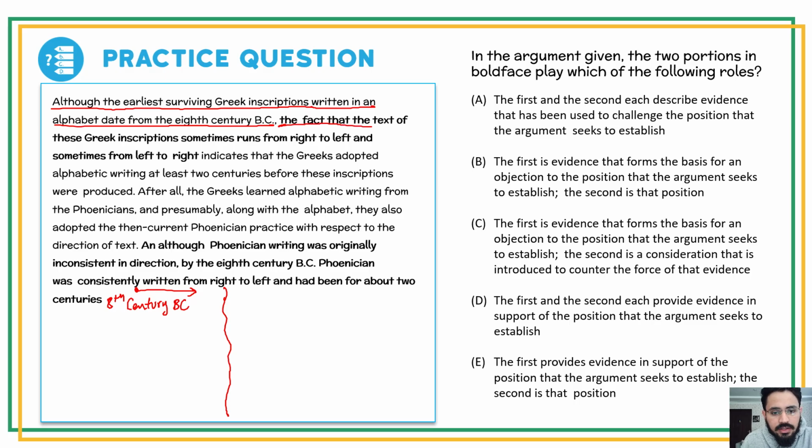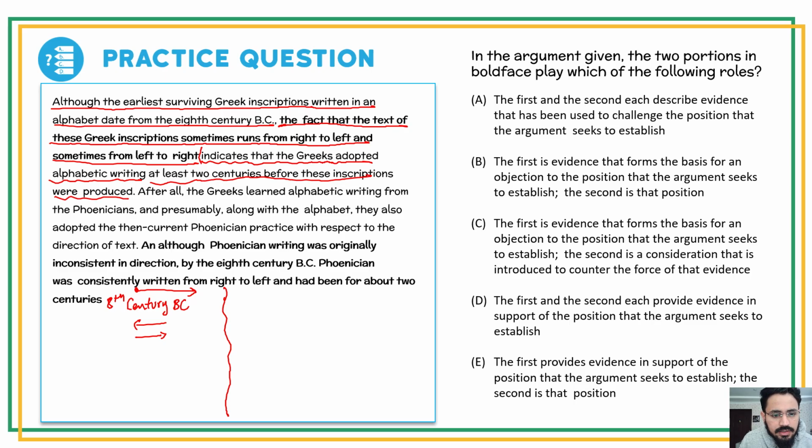The fact that the text of these Greek inscriptions sometimes runs from right to left and sometimes from left to right. Okay, so the fact that these Greek inscriptions sometimes run from right to left and sometimes from left to right, that's information, indicates that the Greeks adopted alphabetic writing at least 2 centuries before these inscriptions were produced.